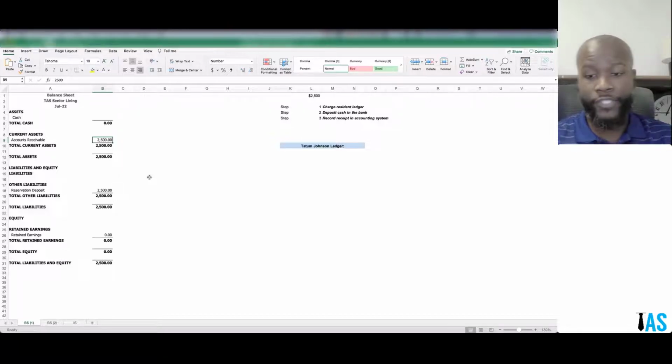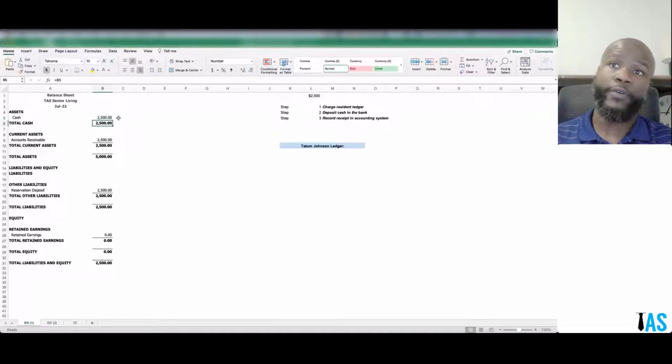So the charge matched the reservation agreement that we have in front of us. That's the document acknowledging the charge and deposit they're putting in. We put that money in the bank, and then we do a transaction to put that in our accounting system. When you batch that receipt, that's essentially a journal entry being made into the system, and the system is going to increase the cash.